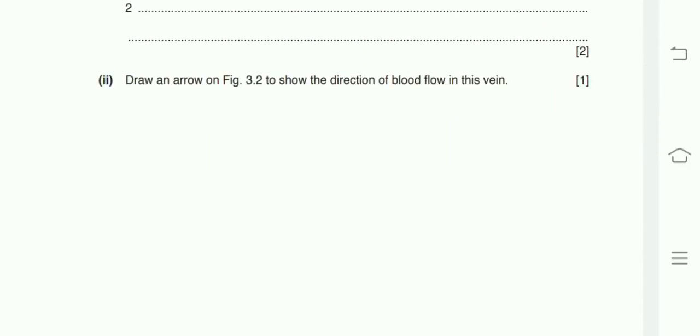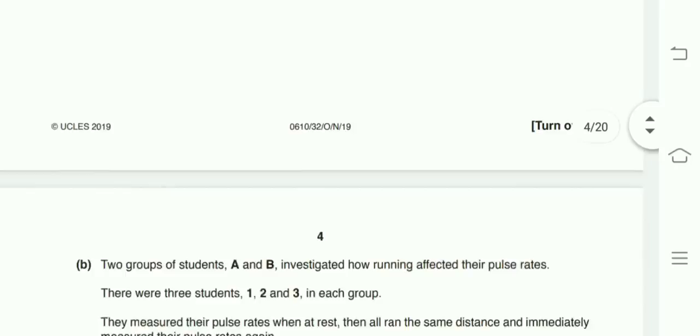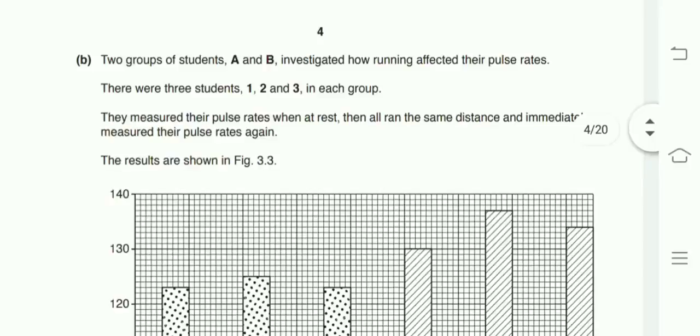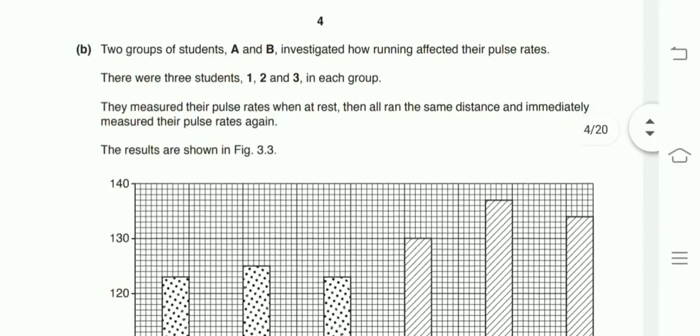And then the next number, this is you need to draw. And then we move to the next part. This one is 3B. Two groups of students, A and B, investigated how running affected their pulse rate. There were 3 students, 1, 2, 3 in each group. They measured the pulse rate at rest, then ran the same distance, and immediately measured their pulse rate again.